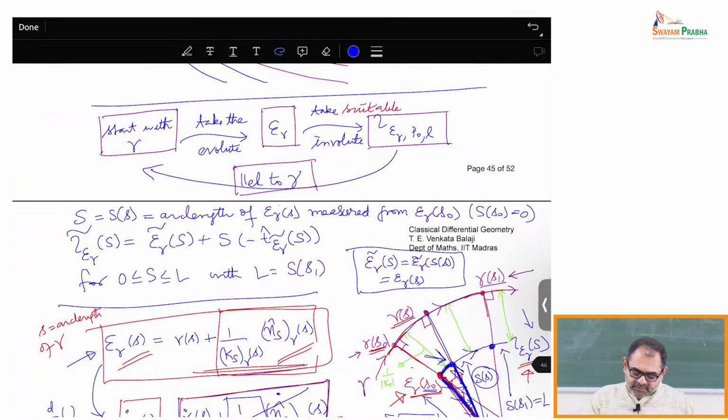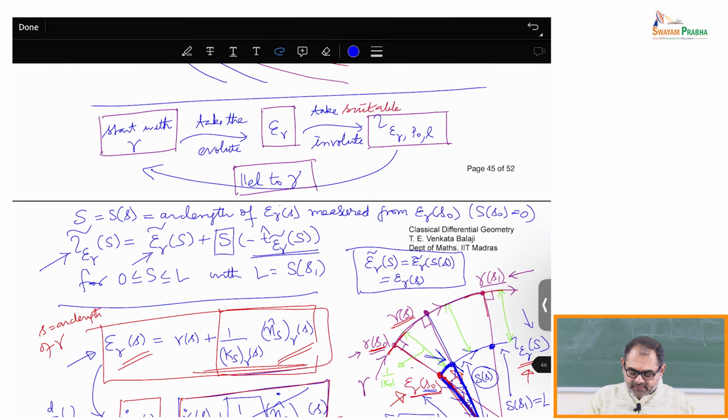So therefore you get this expression. Let me write it: the involute of the evolute is the evolute plus this length S, times the negative unit tangent vector of the evolute.